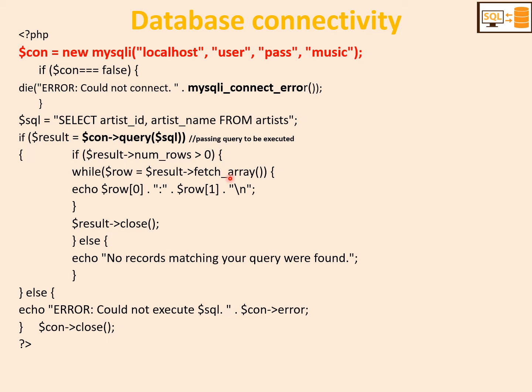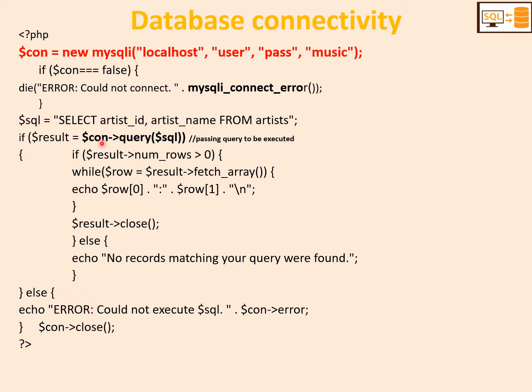If multiple attributes are retrieved from the table, we can fetch them by index position: 0 for the first column, and for the second column we use the index value 1, likewise. After fetching all the rows from the table, we have to close the resultant variable. Then after that we have to close the connection.